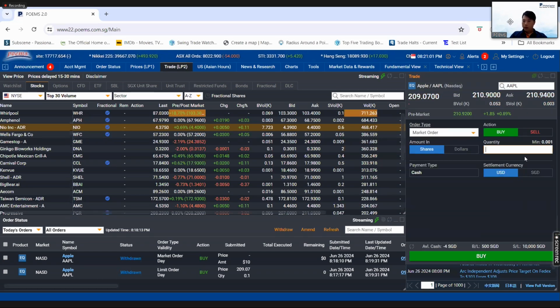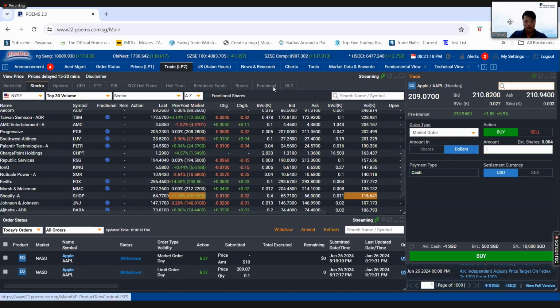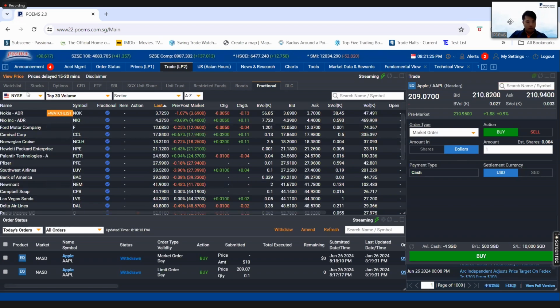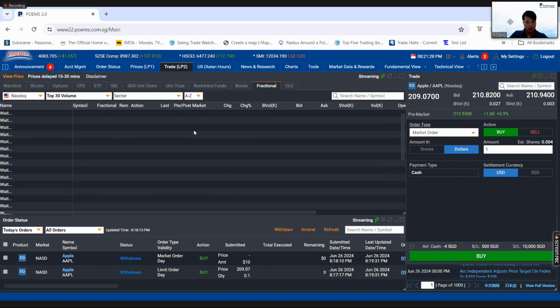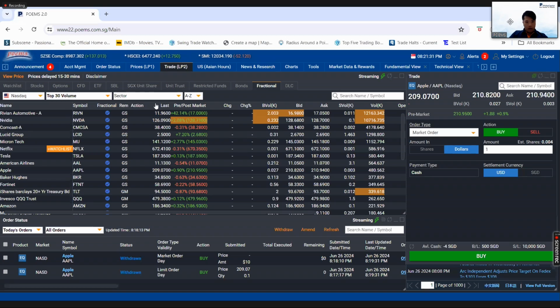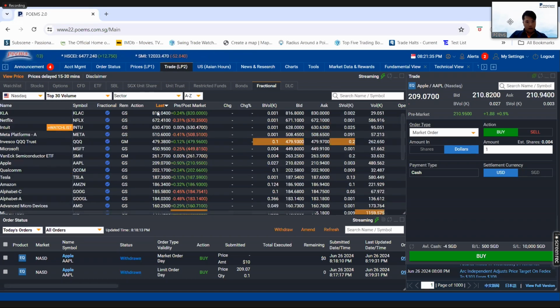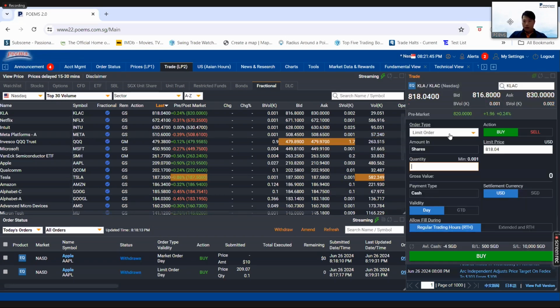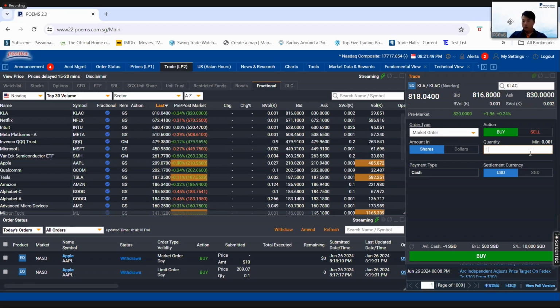Let me pick an expensive counter where it may not go through. Okay, let's try this one, KLA. So if I were to input a value, this will also hit.